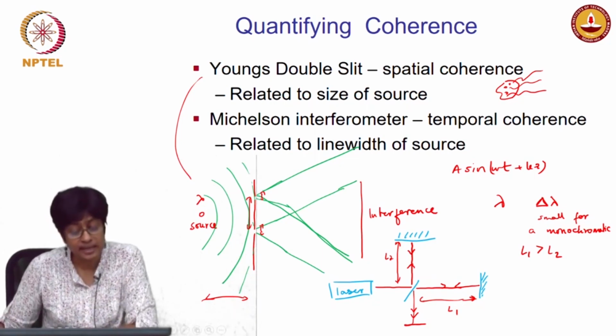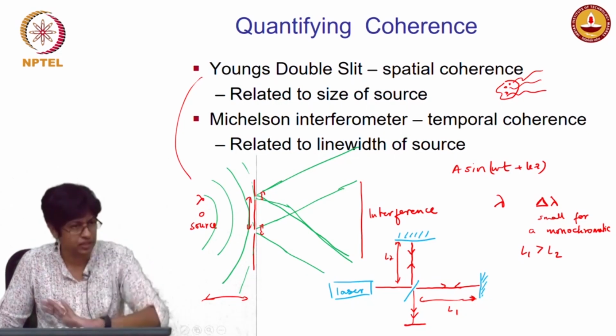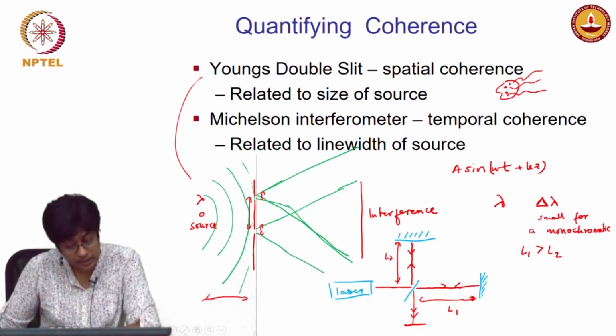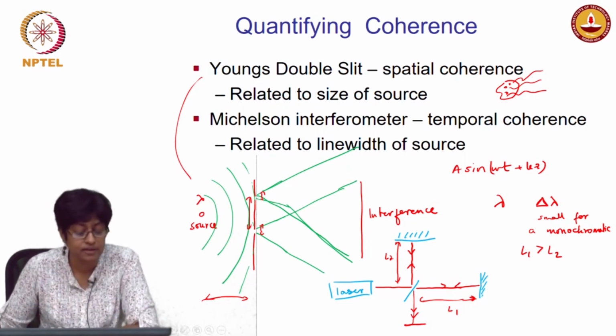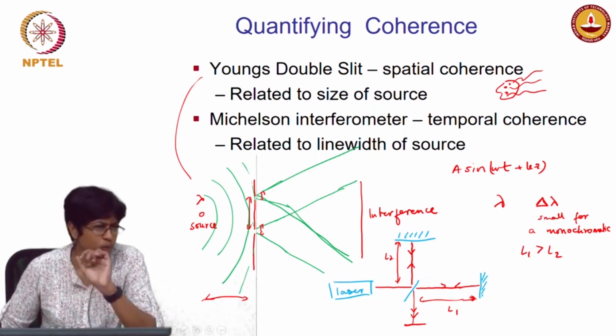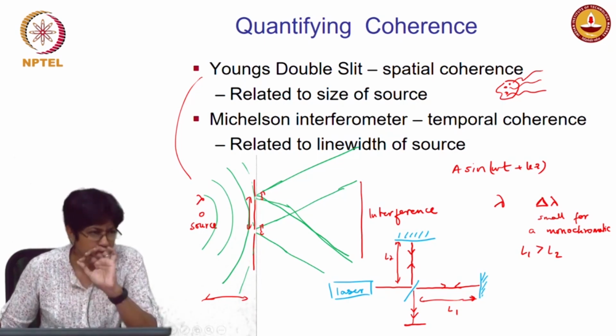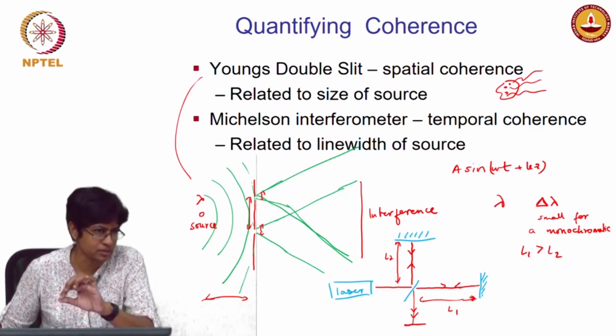So, we relate the spatial coherence to the size of the source and the spread of the emitters, and we relate the temporal coherence again to the different emitters, but to the specific fact that they have a large line width.